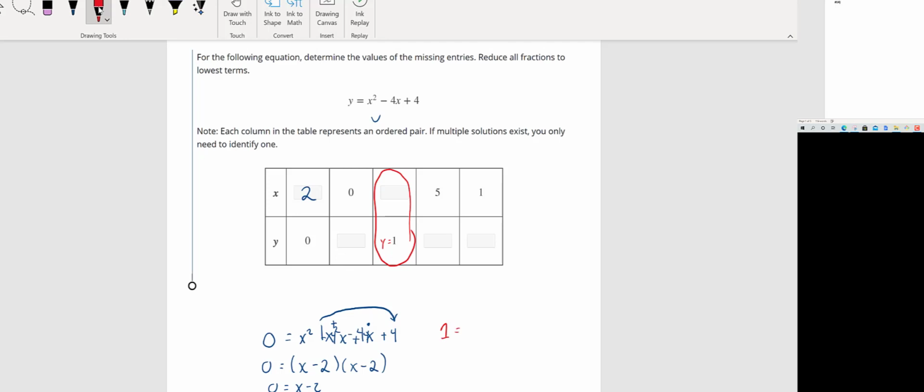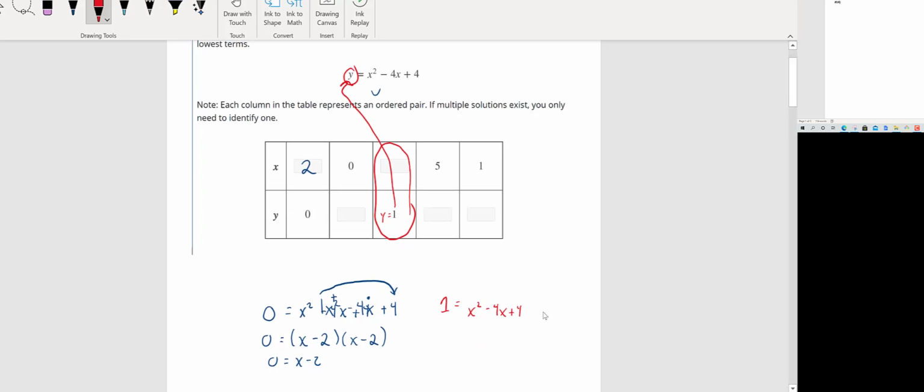So I'm going to take that same equation, except this time I've substituted 1 for y. It's still a quadratic trinomial, but it's not equal to 0. And remember, to be able to use that zero product property, we must set it equal to 0 first. So I'm going to subtract 0 from both sides.